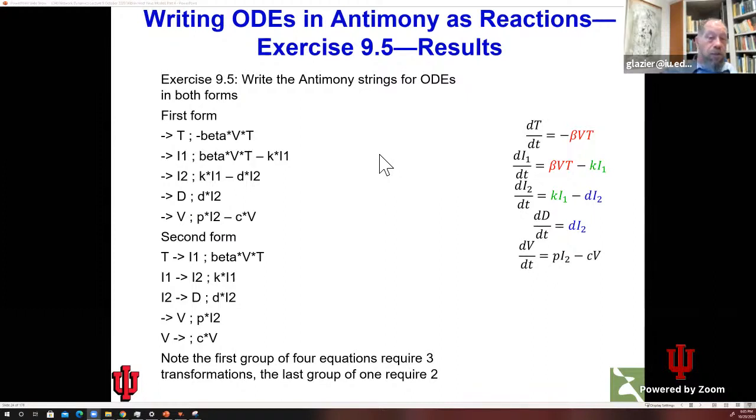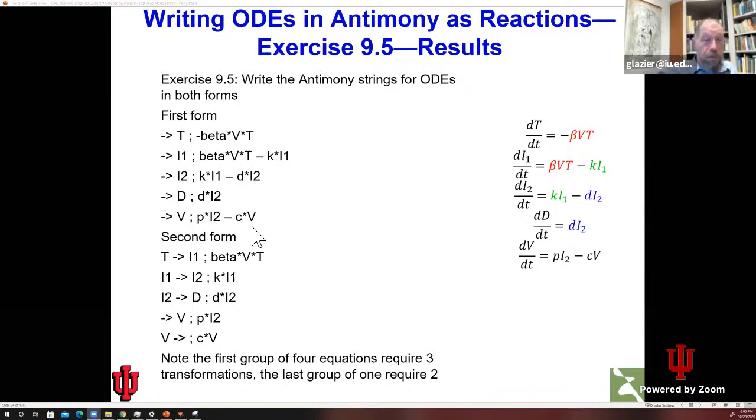If I use the notation for ODEs: nothing goes to T, rate minus beta VT. Nothing goes to I1, rate beta VT minus KI1. Nothing goes to I2, KI1 minus DI2. Nothing goes to D, rate DI2. Nothing goes to V, rate P times I2 minus CV.